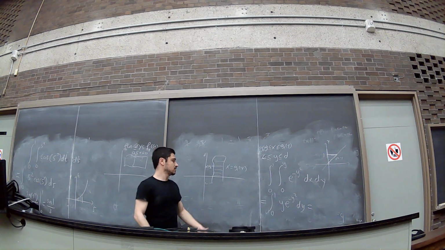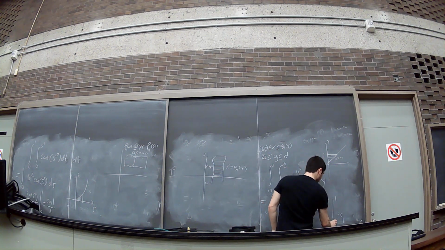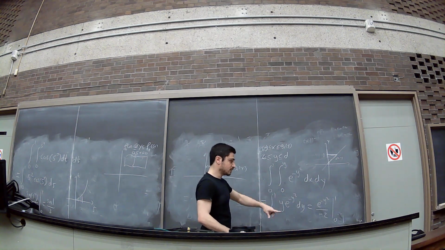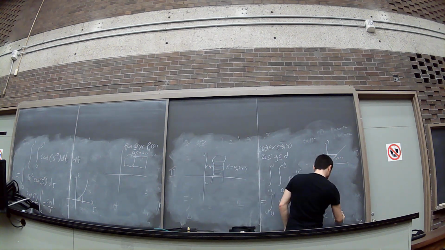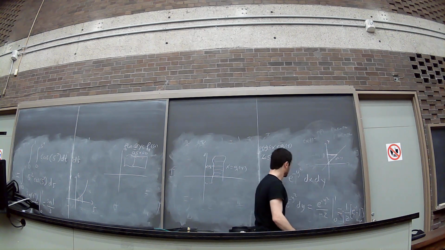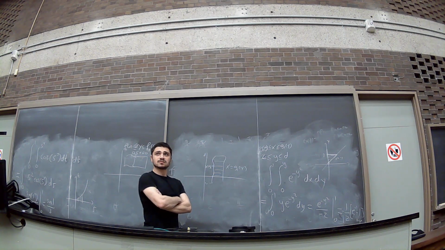How do I integrate this thing? It's just e to the minus y squared over minus 2, from 1 to 0, right? Let's see. Differentiate: minus 2y over minus 2, you get y. Very good. So you get minus 1 half e to the minus 1, minus 1. And that's good, right? You guys see this?